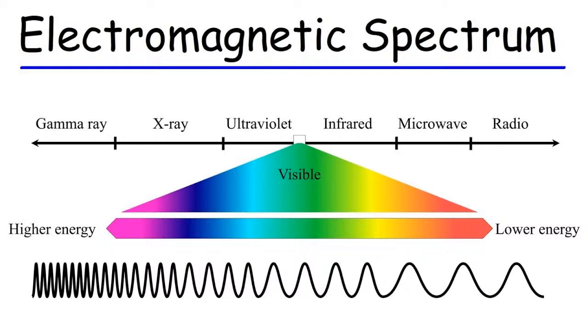Not beneath it, but it highlights your bone density more than anything else. Then you have ultraviolet light, those UV rays. Then we have that tiny little box in the center, which is the visible light spectrum. Then we have infrared light, microwaves, and then radio waves, right, which are lower frequencies.